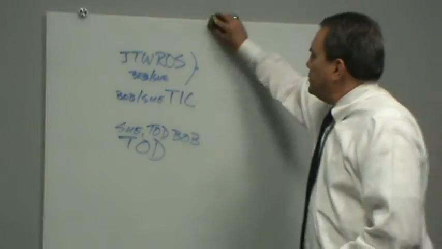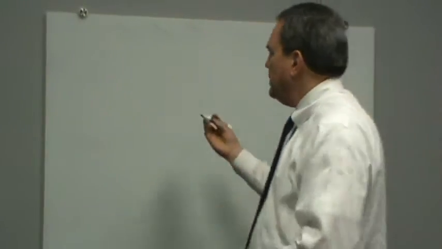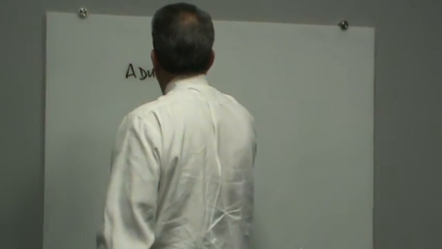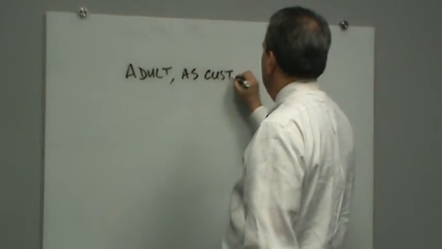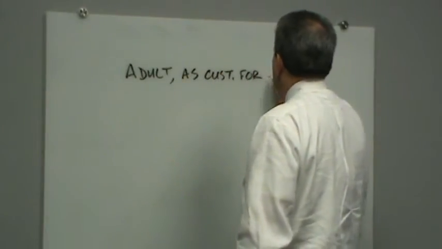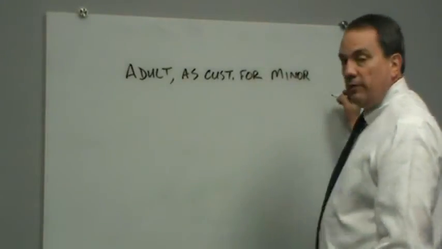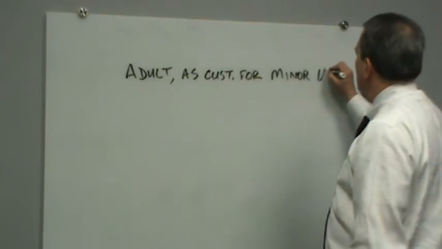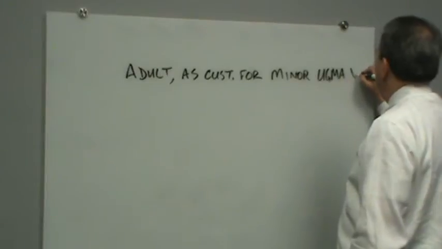The way those accounts are styled or titled is that you have the owner, the adult, the function as custodian for, the ultimate owner, the minor, for whose benefit those properties exist, under the UGMA or UTMA of your state.